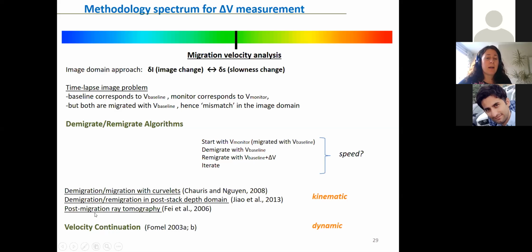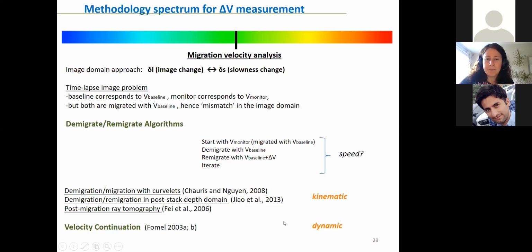And finally, again, post-migration ray tomography, which is picking the common image gathers and demigrating them, and then solving for a tomographic matrix and looking at whether the image gathers become flatter, as a way to select the proper velocity model.